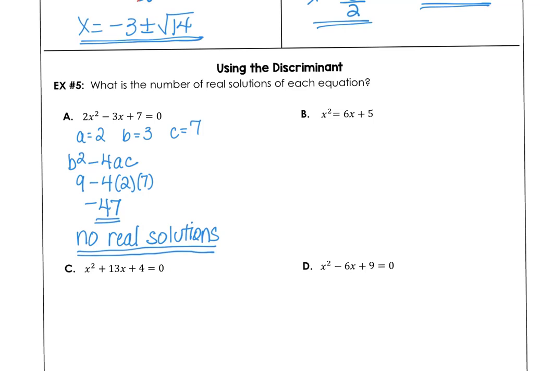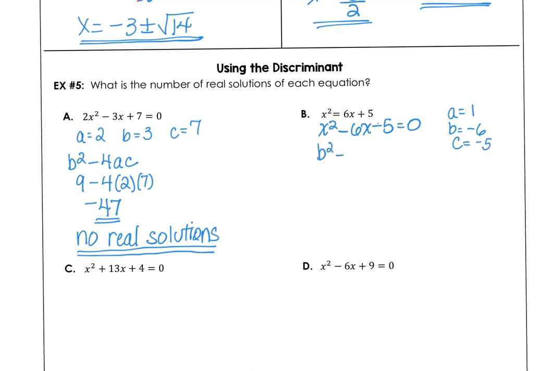In B, we need to isolate a minus 6x minus 5. So standard form first, recognizing a is 1, b is negative 6, and c is negative 5.